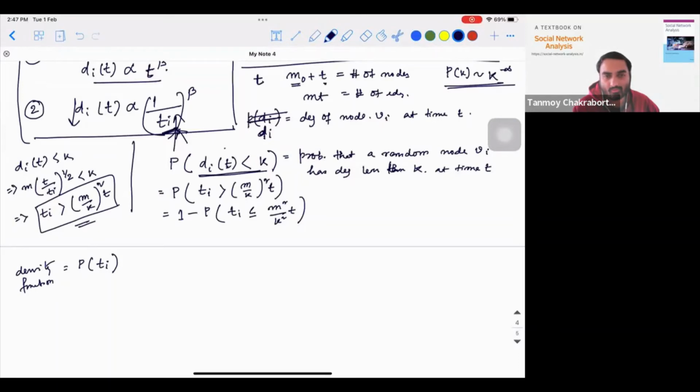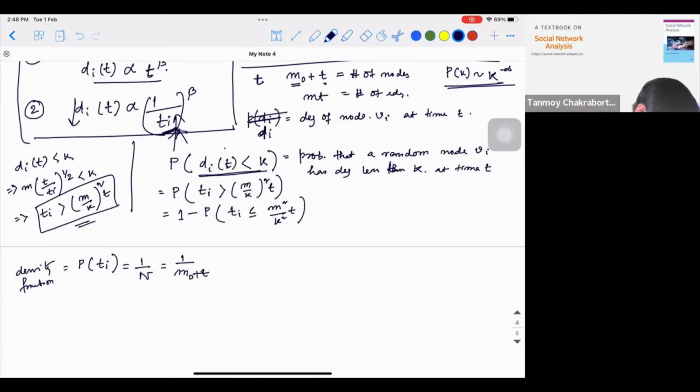Is this a uniform probability or what? This is a uniform probability, because at every time we assume that only one node comes in. In a system with n nodes, this probability is 1 by n, which is nothing but 1 by m0 plus t, the total number of nodes.